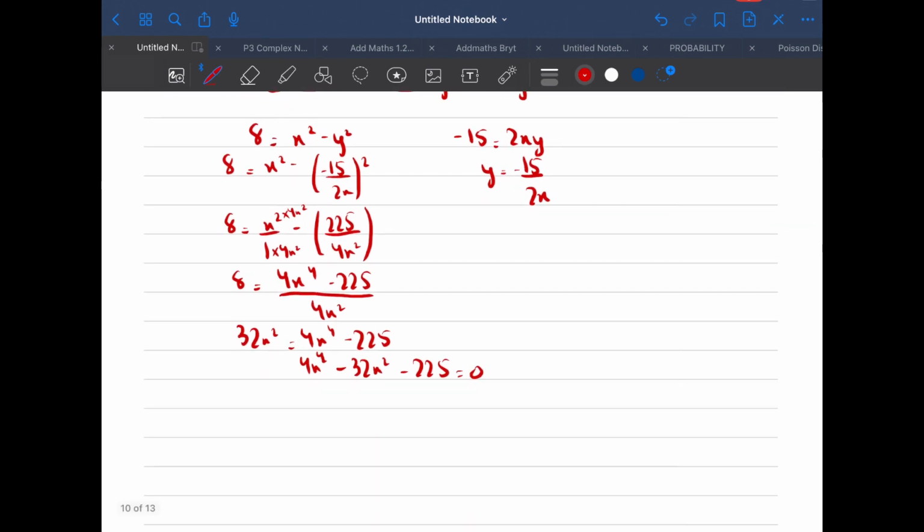Now, in AS Maths you learned the concept of disguised quadratics. Based on that, let x square be some other letter for a while. So x power 4 will become 4s square minus 32s minus 225 is equal to 0. Let's solve this by the quadratic formula.